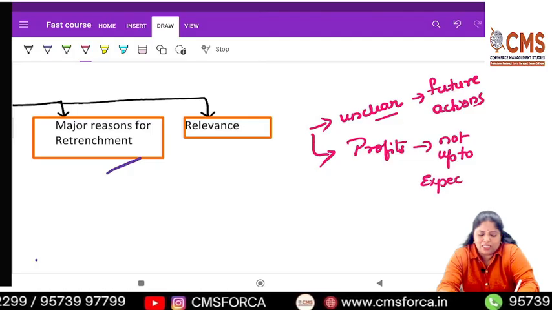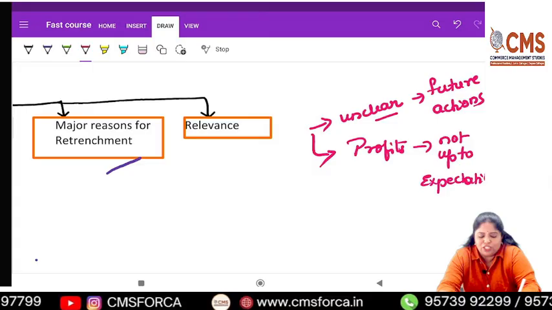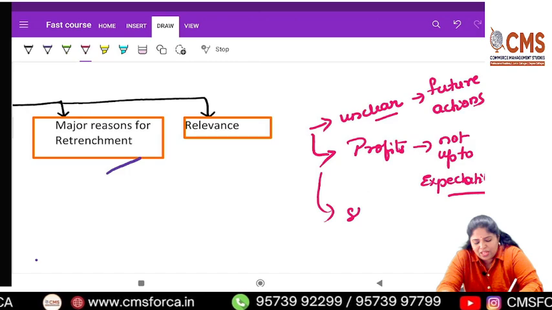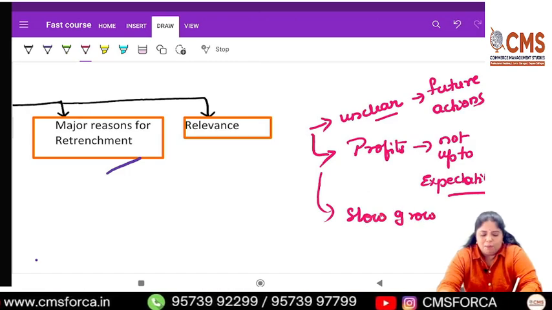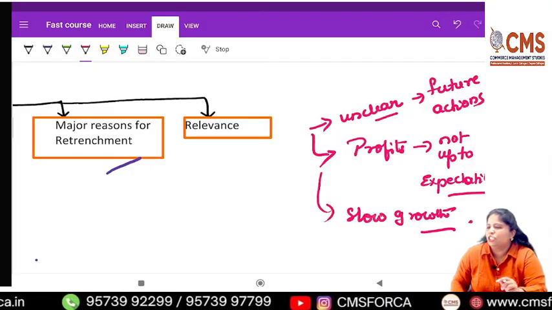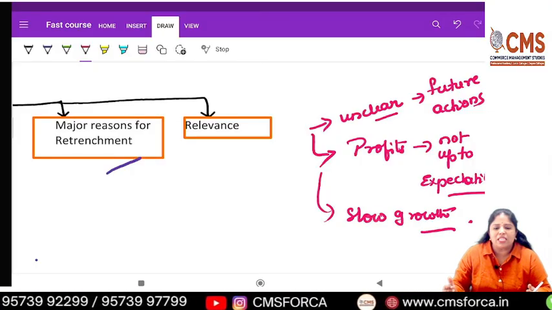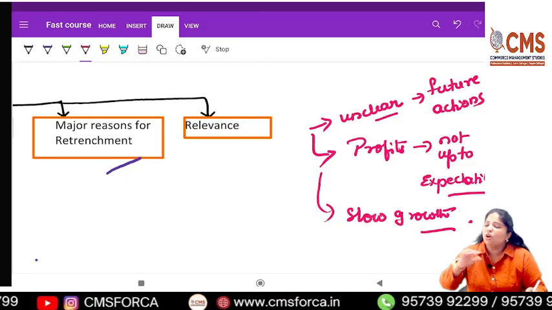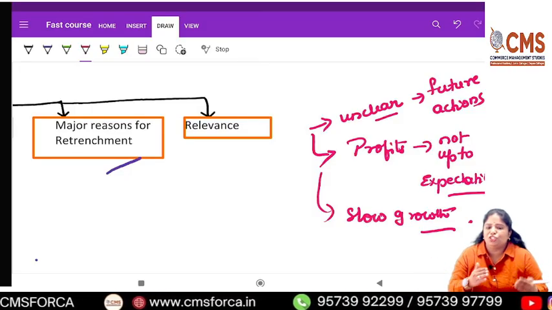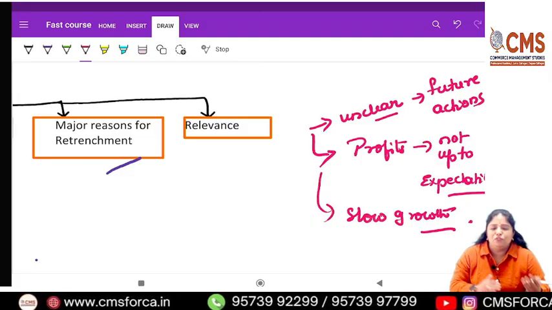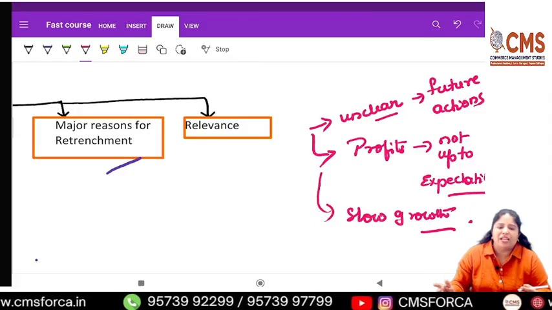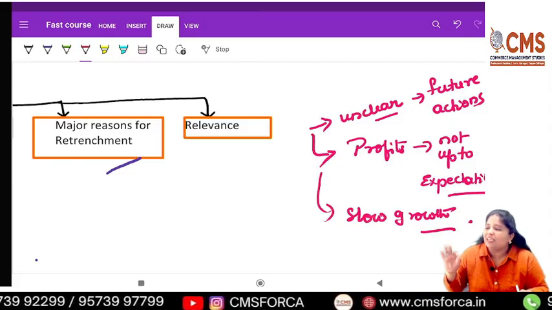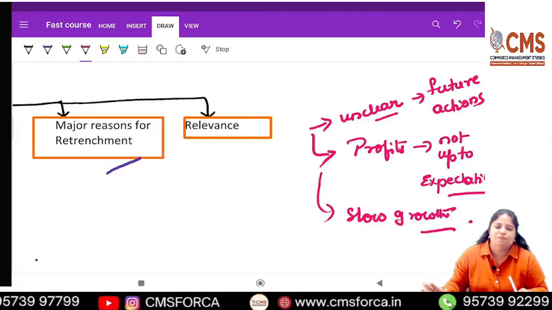You expected some annual profit, but the profits you see are not meeting your expectation, and you are seeing very slow, sluggish growth. You are not clear what to do in future and how to shape your future actions and objectives. It's better to divest.